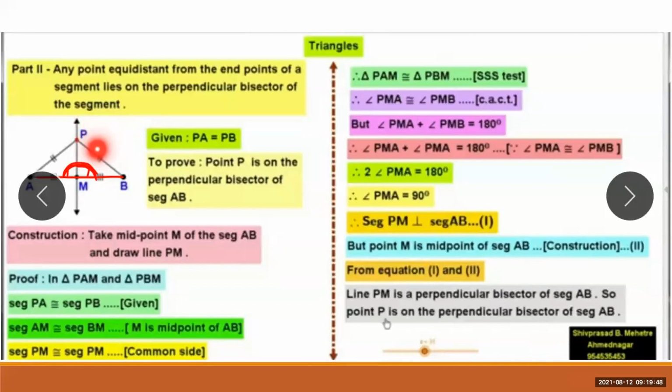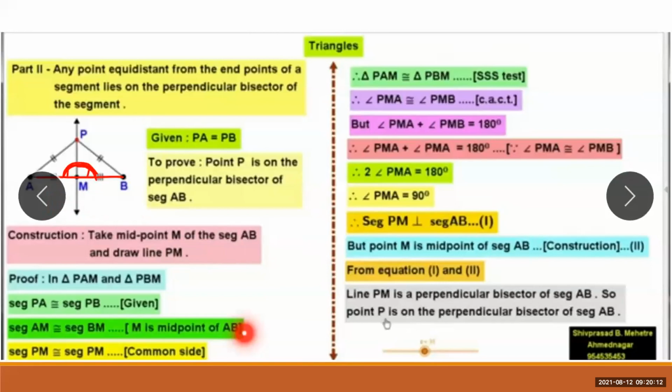Because of the construction, we took midpoint M. As M is the midpoint, we can write that segment AM is congruent to segment BM, because M is the midpoint of segment AB.